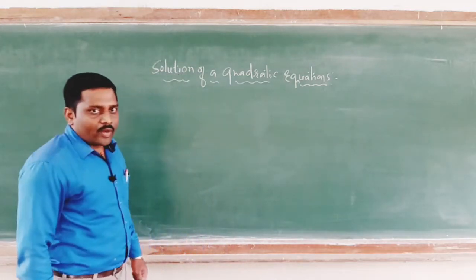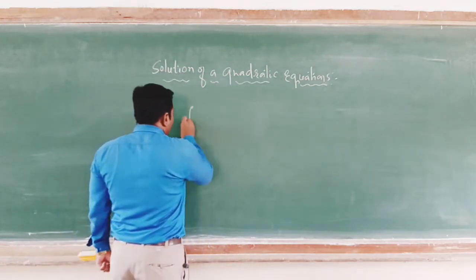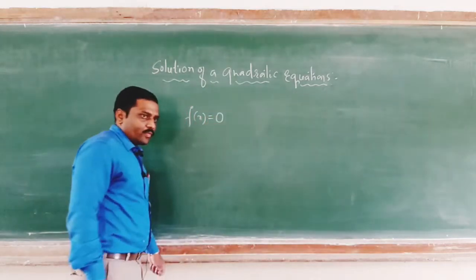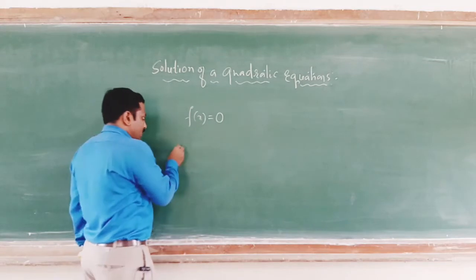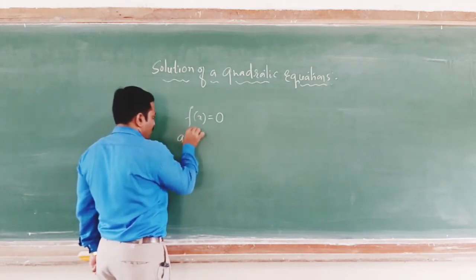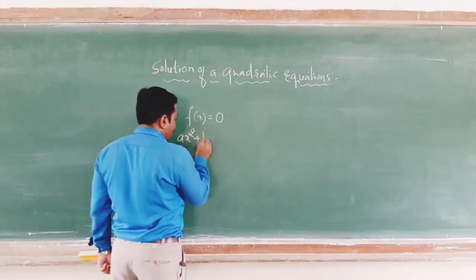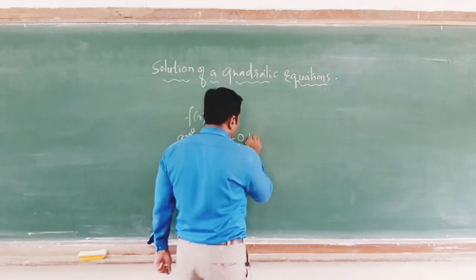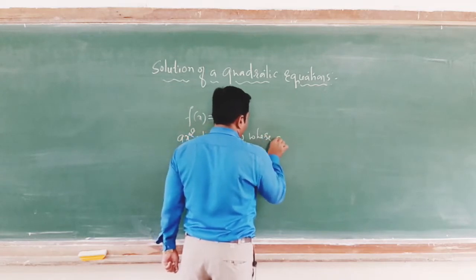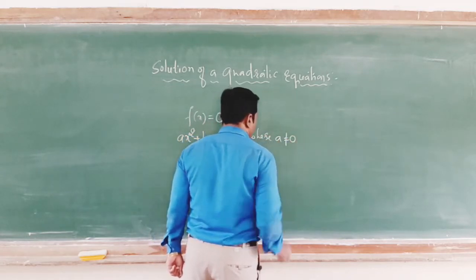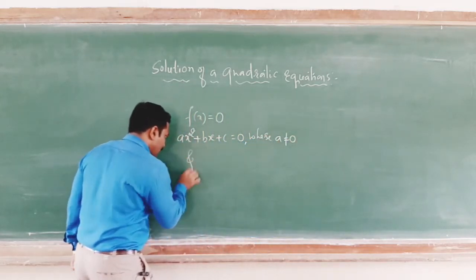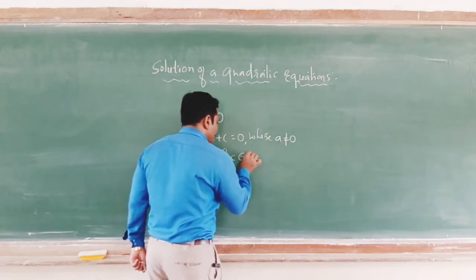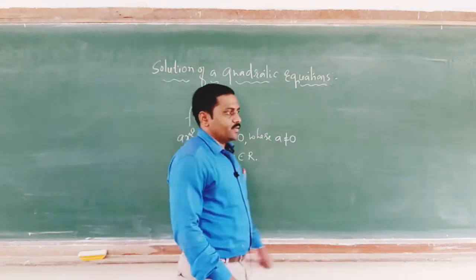A quadratic polynomial f of x is equal to 0. So what is f of x? f of x is ax square plus bx plus c is equal to 0, where a is not equal to 0 and a, b and c belong to real numbers.